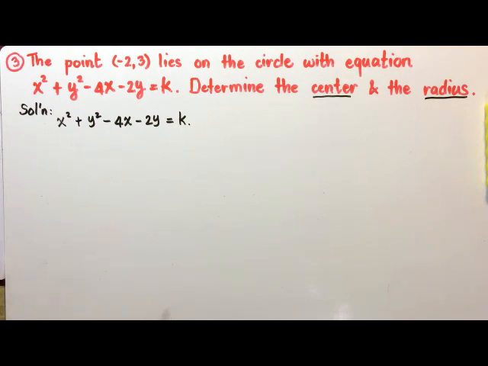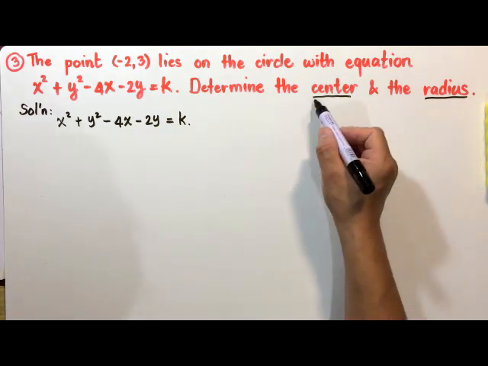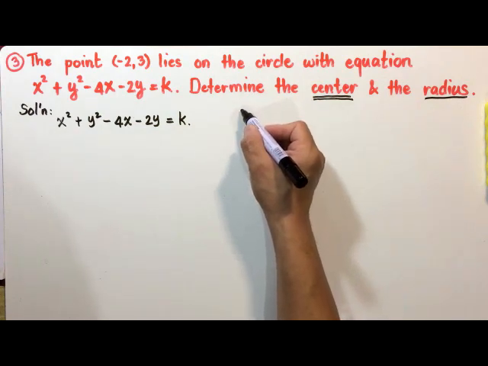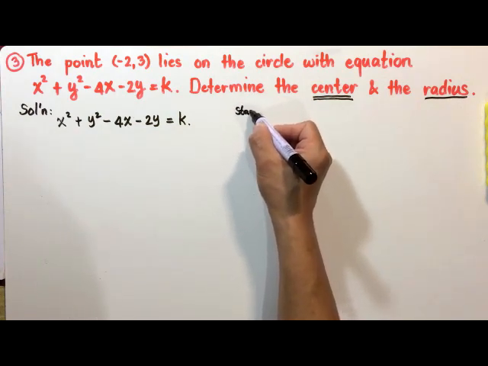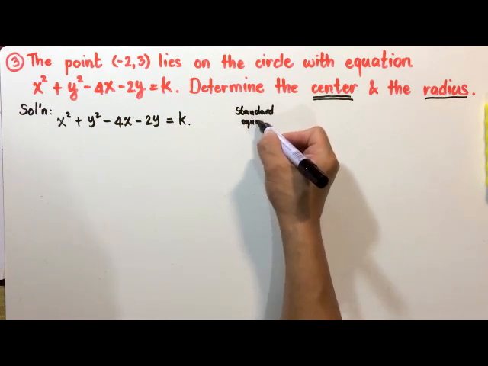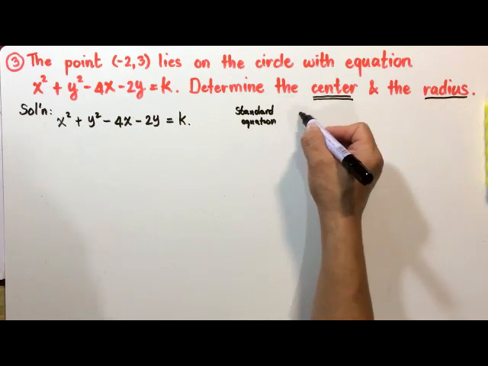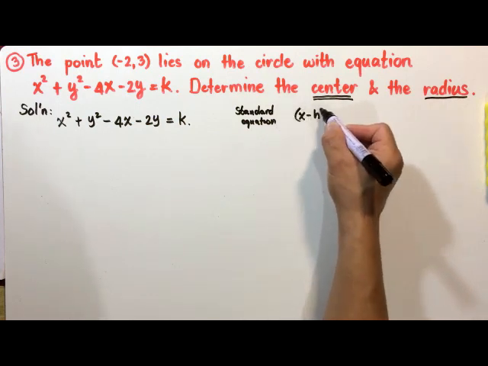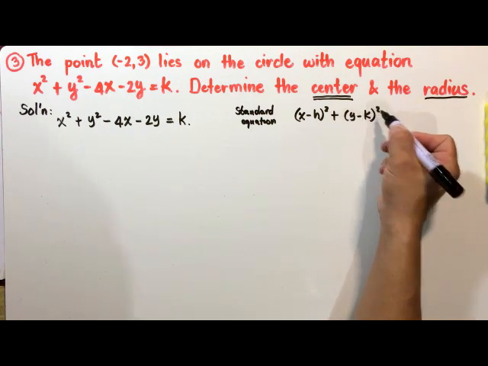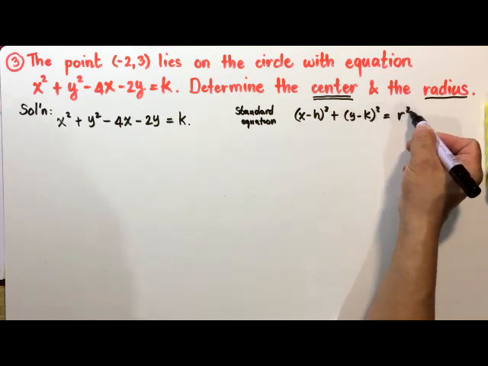So our objective is to convert this one into the standard equation so that I would know the center of the circle. So how will I convert that one into standard form? So remember the standard equation of the circle. What was that formula? That was x minus h quantity squared plus y minus k quantity squared is equal to r squared.